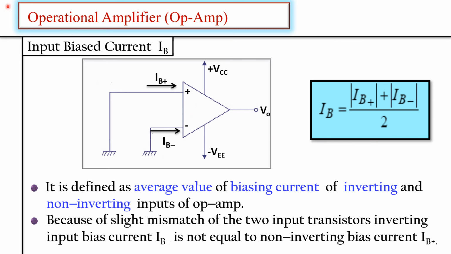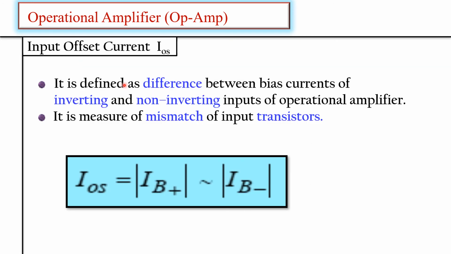Clear? The next parameter is input offset current, that is IOS. It is defined as the difference between the biasing currents of the inverting and non-inverting inputs of the operational amplifier. IOS equals IB plus minus IB minus. So it is the difference between the two biasing currents.